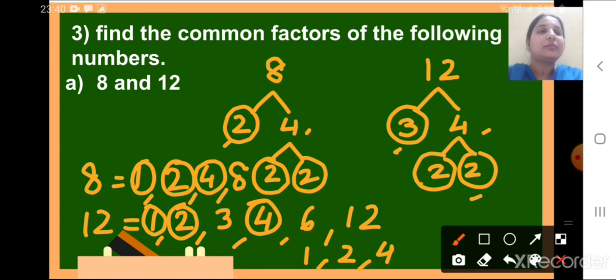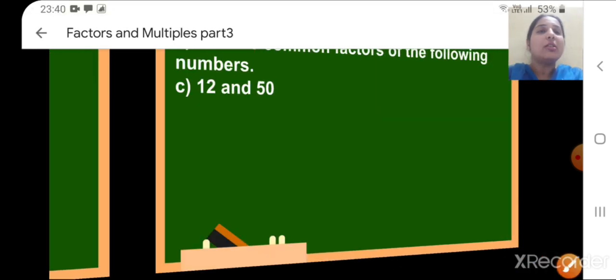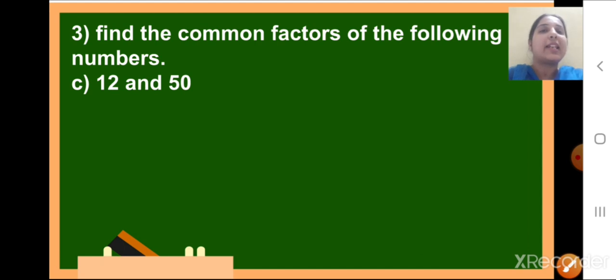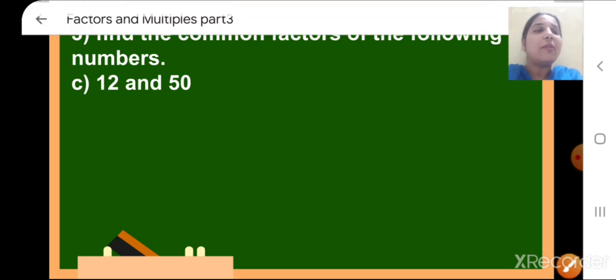Okay. Now let's move to the next question. Question number C is find the common factors of 12 and 50. So how do you want to do this? By direct method or by factor tree? Let's do it with the help of factor tree.